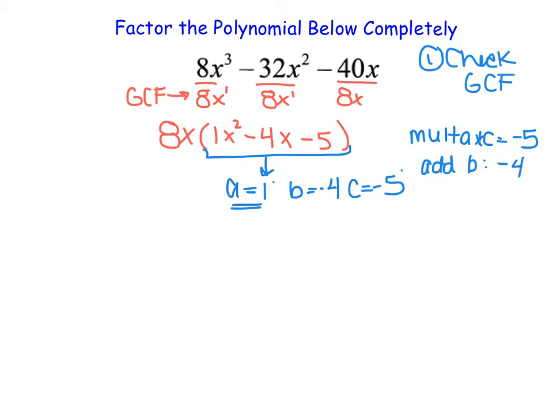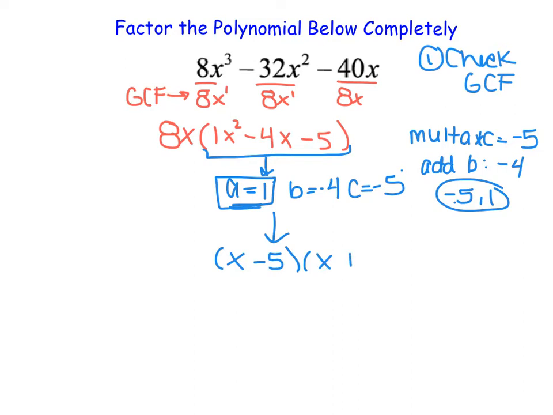So we need two numbers that multiply to negative 5 and add to negative 4, which are negative 5 and 1. Now, because this has an a value of 1, we can use the shortcut here, and we can split this up into x minus 5, because that's our first value, times x plus 1. So remember that a value being 1 is really helpful.